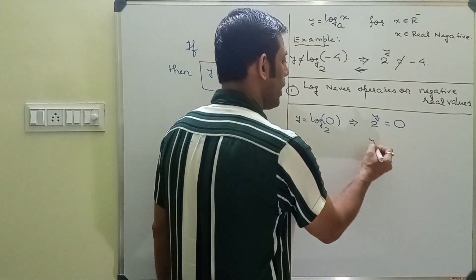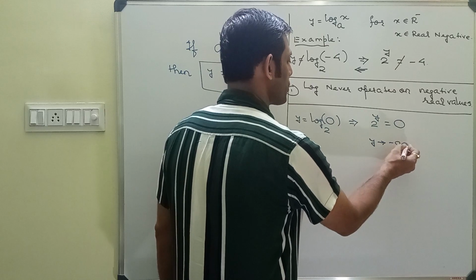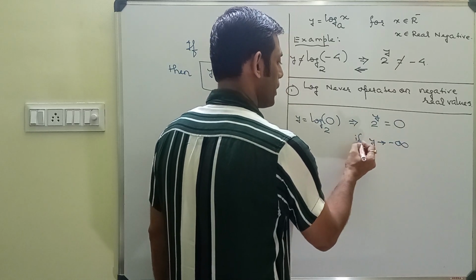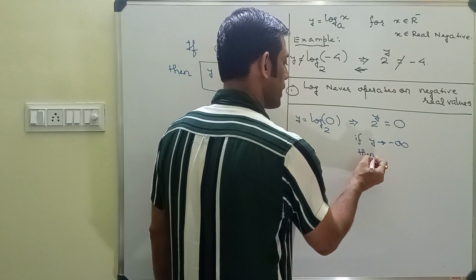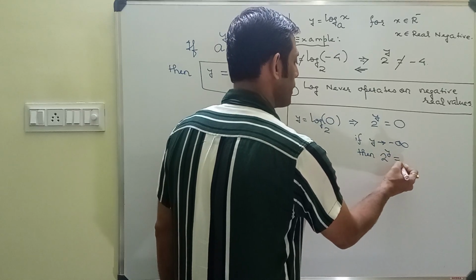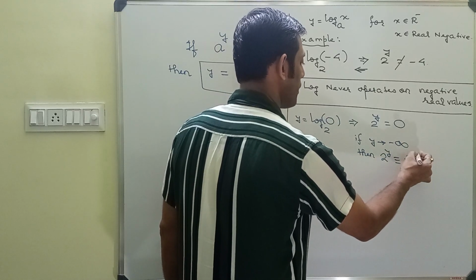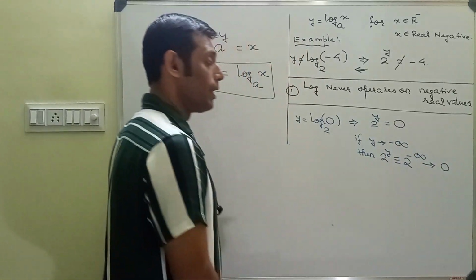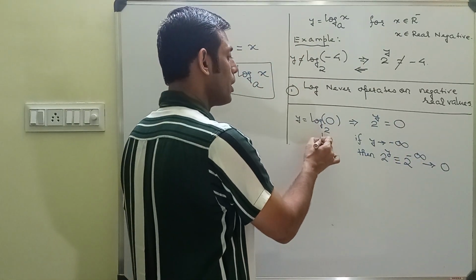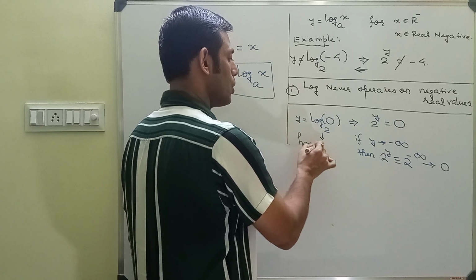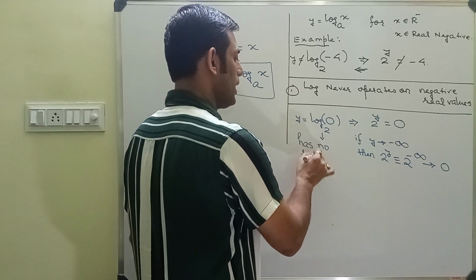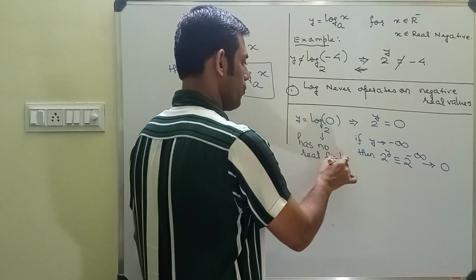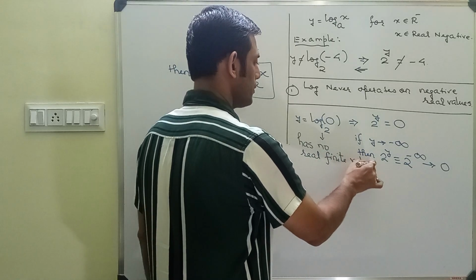Because if you take y tending to minus infinity, then 2 power y becomes as good as 2 power minus infinity. This can tend to 0 but cannot become equal to 0, dear. That means log 0 base 2 has no real finite value.